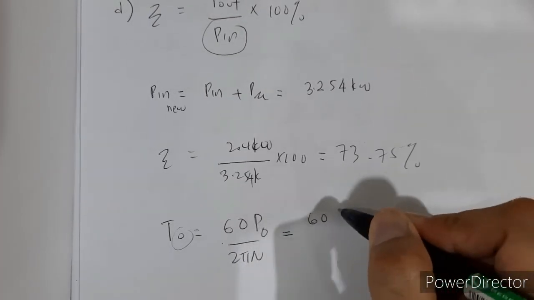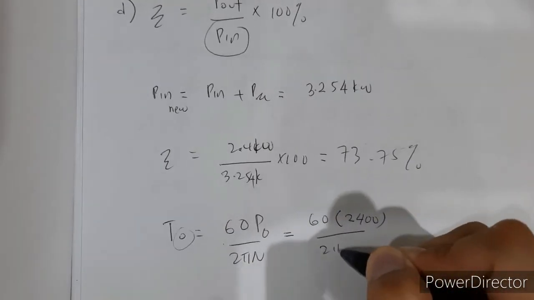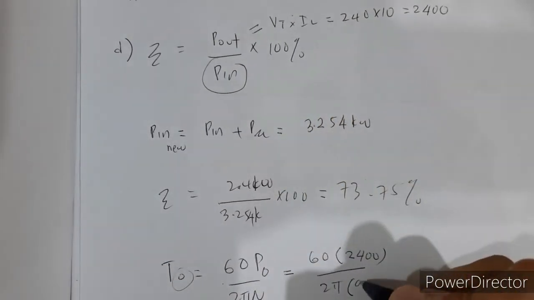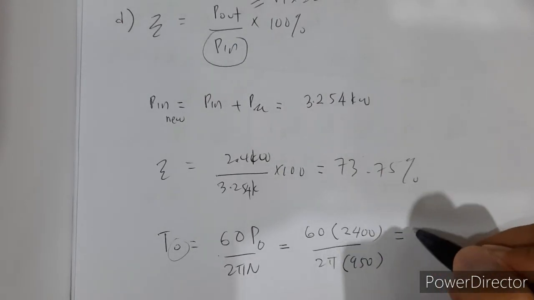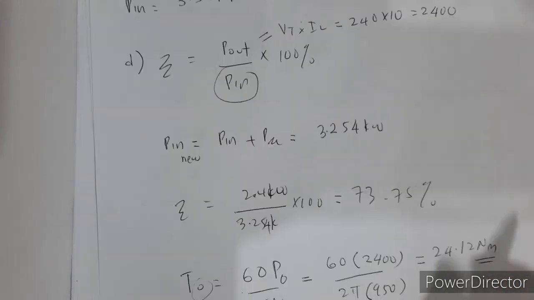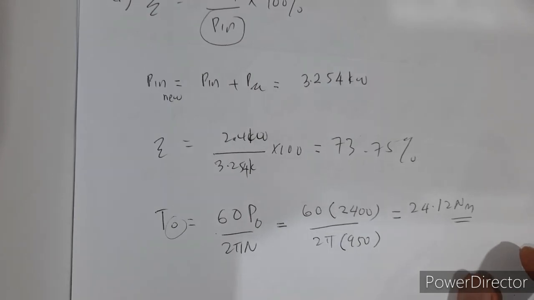So 60 multiplied by 2400, over 2 pi multiplied by n. N is 950 rpm. So the answer is 24.12 Newton meter. So the unit for torque is Newton meter. So I will continue the second example in the next video.